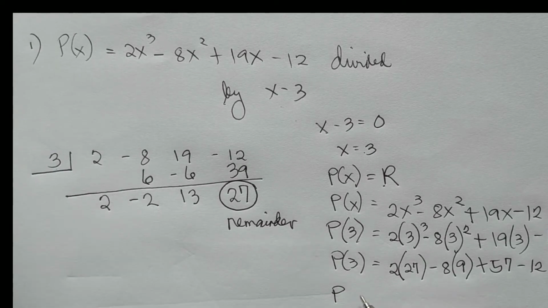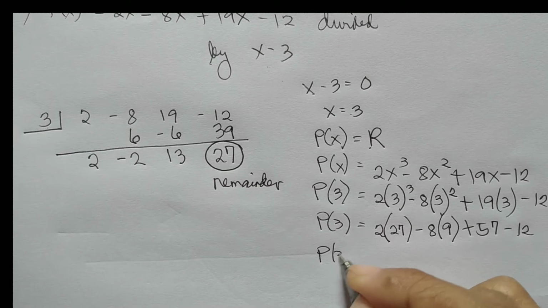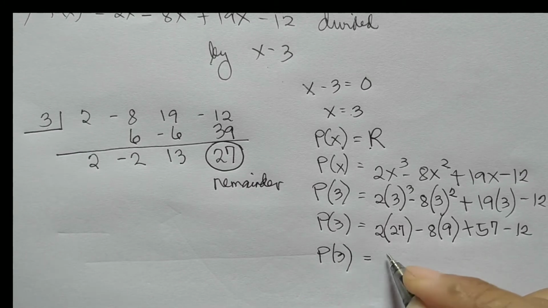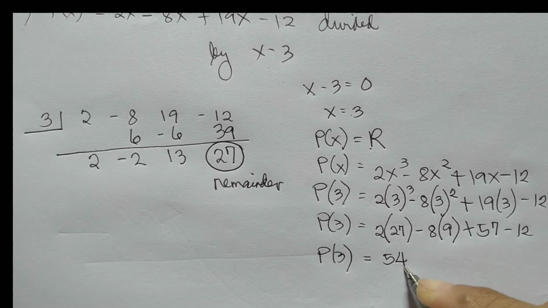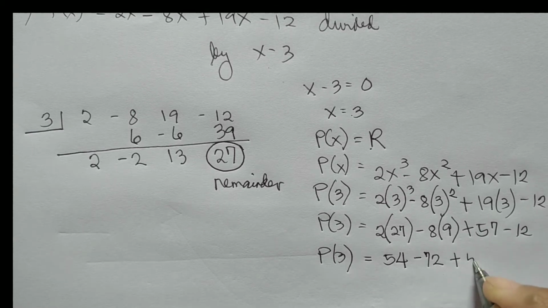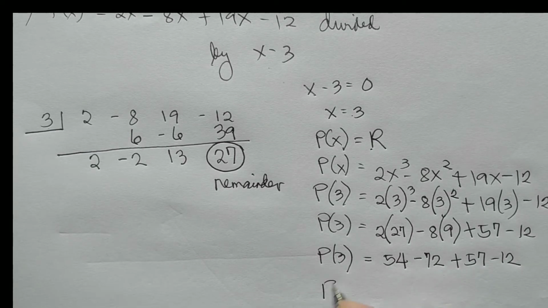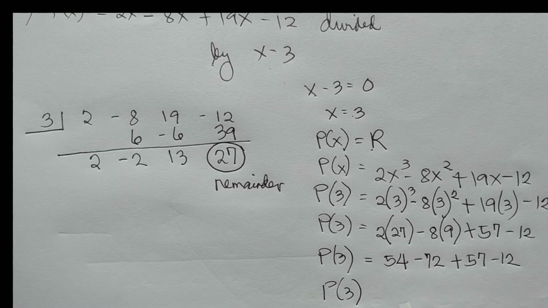So p of 3 is, 2 times 27 is 54, minus 8 times 9 is 72, plus 57 minus 12. So p of 3 is equal to 54 minus 72 plus 57 minus 12. That gives us 27.